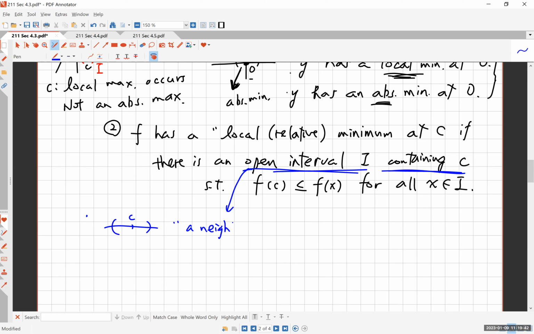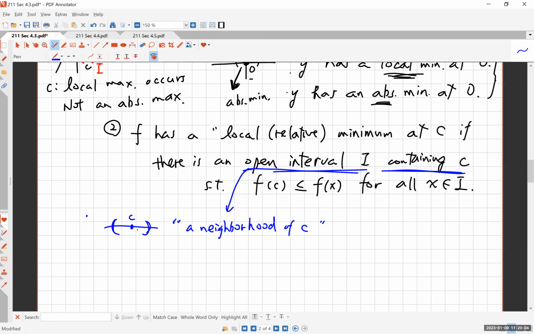Mathematicians want to be friendly, so we want to value our neighborhood. Any open interval containing c is called a neighborhood of c. In fact, it can be any open set, it doesn't have to be an interval, but for our purposes an open interval would be okay.